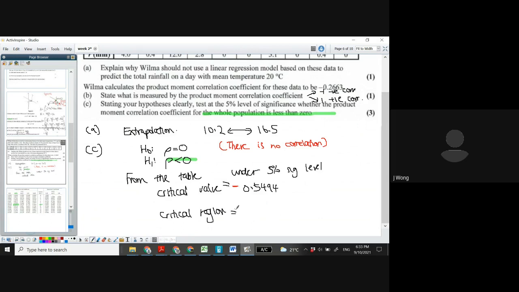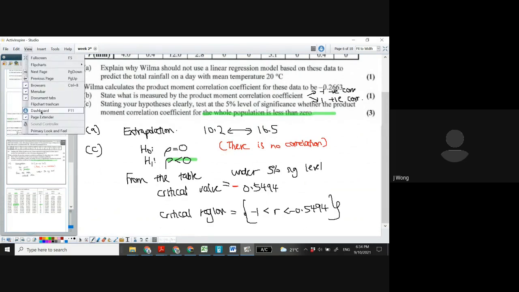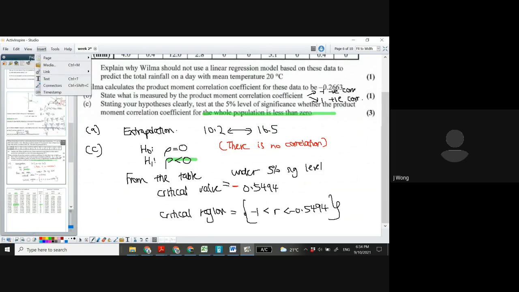So the critical region for this test is going to be between -1 and -0.5494. And since our test statistic, -0.2663, is not in the region, we'll say that there is insufficient evidence to reject H naught.